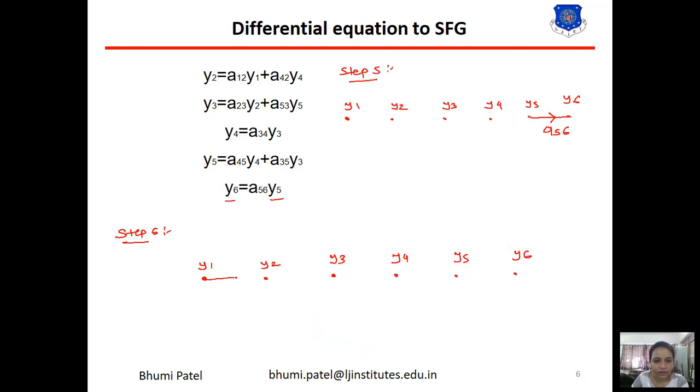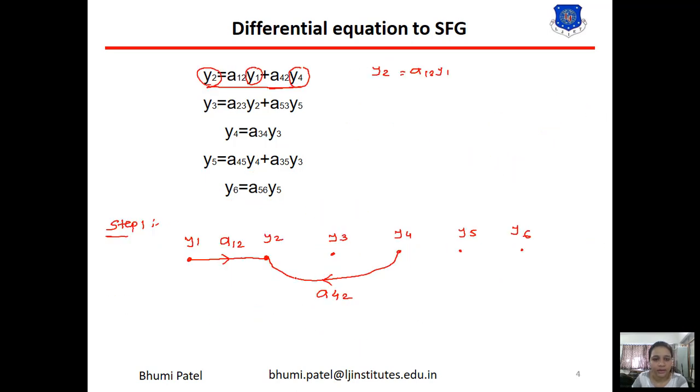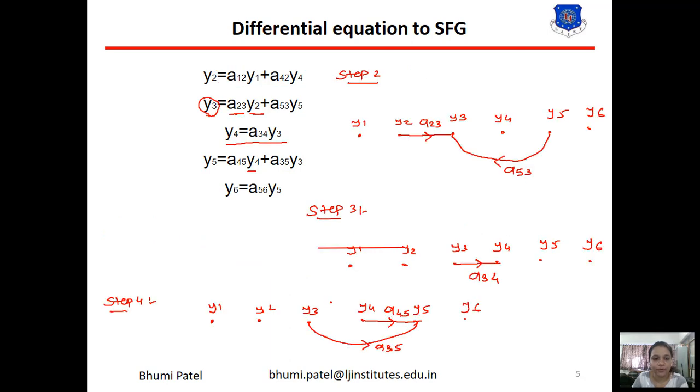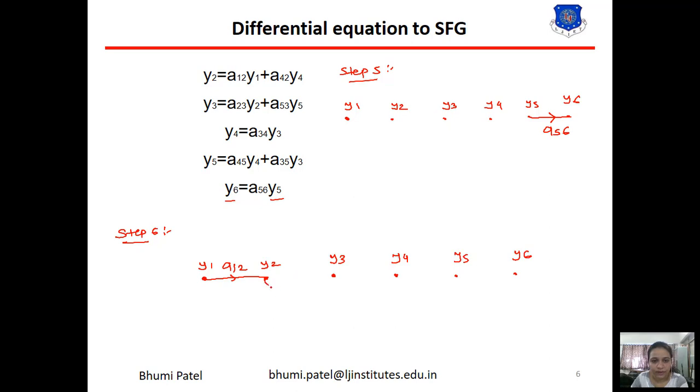So here we can draw a12, and the next one is y2 to y4 and the gain is a42. So the y2 y4 arrow is reverse and the gain is a42.